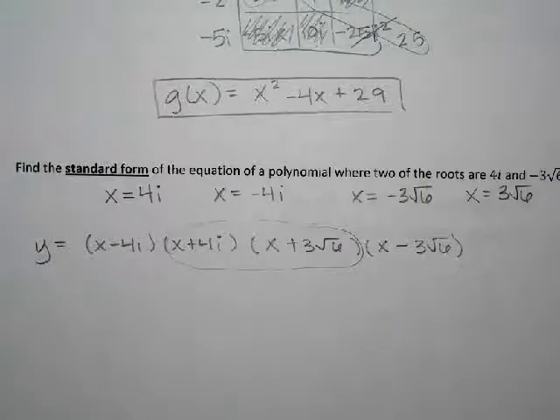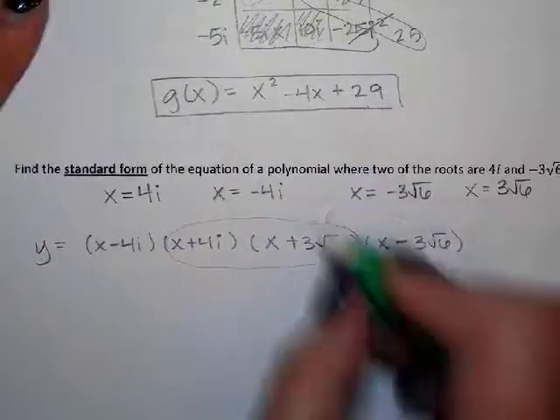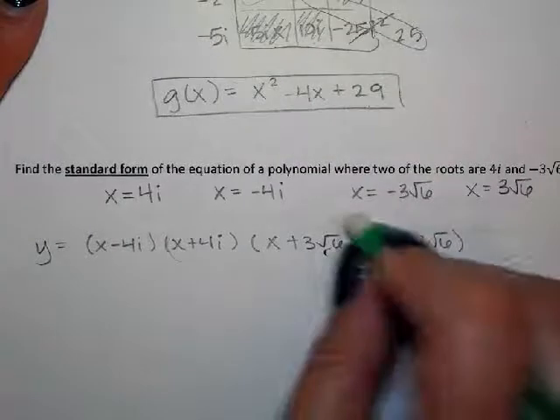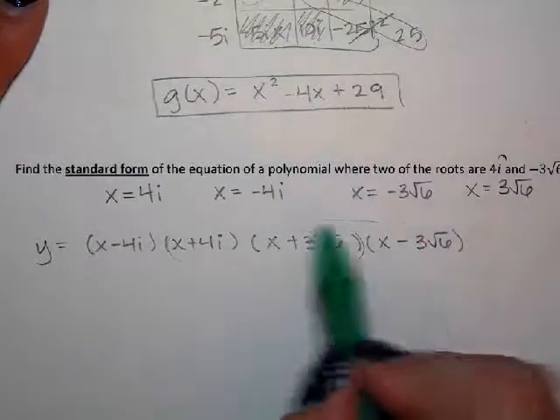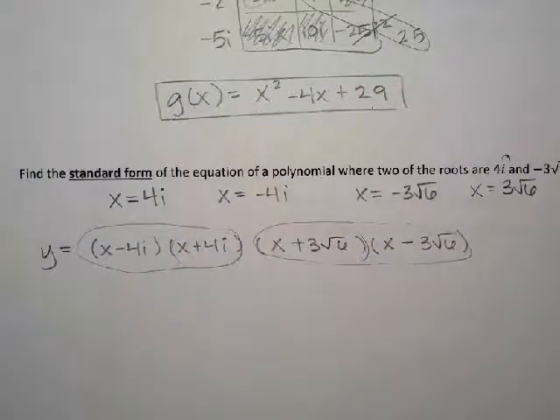So FOIL these two. You have to FOIL it with its pair so that the messy part goes away. If you don't FOIL it with its pair, the messy stuff does not go away. It stays for a little bit longer before it disappears. It will eventually go away, but it will make you cry first. That is not a challenge.